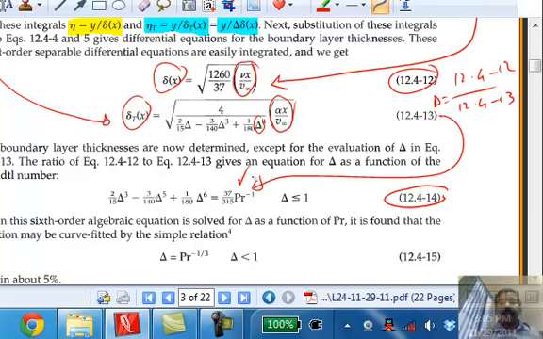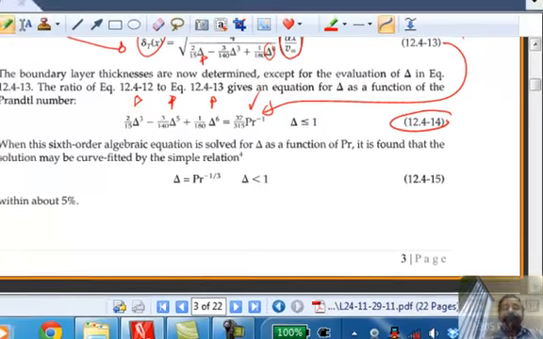You calculate this delta by solving this polynomial. Once you know the delta, you put this in there. You know the boundary layer thickness for temperature, and you know the boundary layer thickness for momentum. And then you can use that in your profile, calculate the derivative, calculate the flux, the heat flux, the Nusselt number. Okay. That's the purpose of doing this calculation.